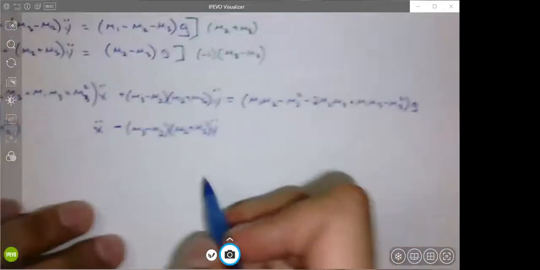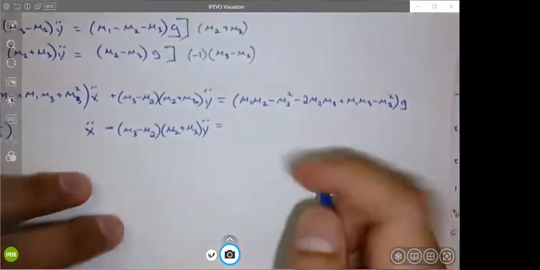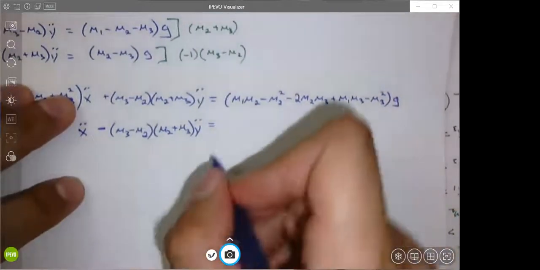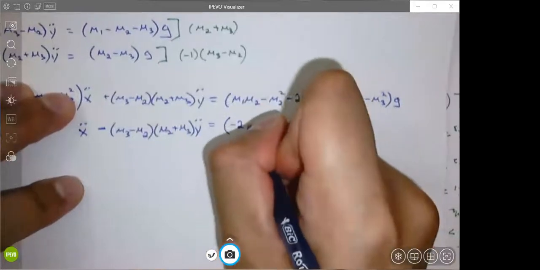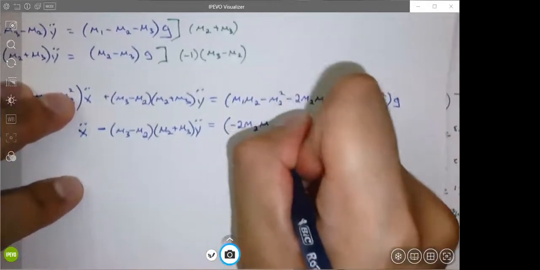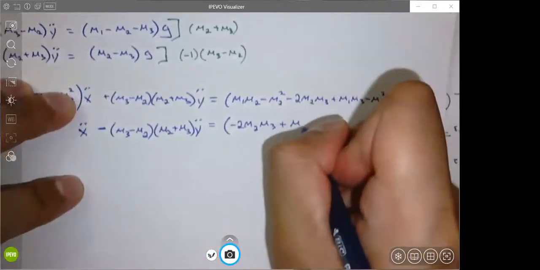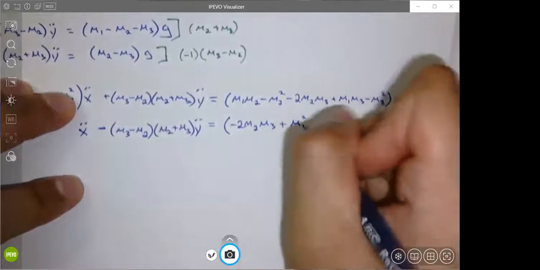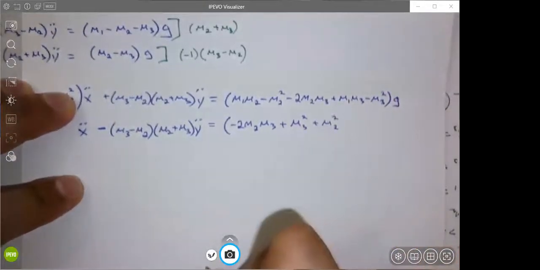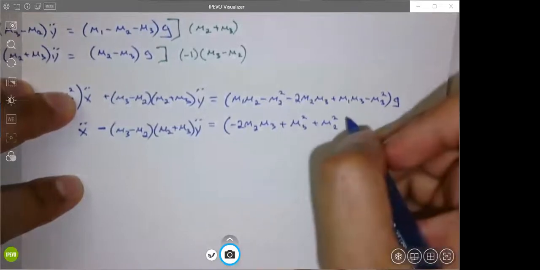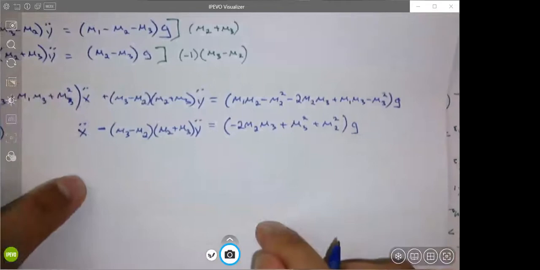And then finally over here, we distribute this term into there, and we will get parentheses negative 2 m2 m3 plus m3 squared plus m2 squared multiplied by g. I think that's correct.